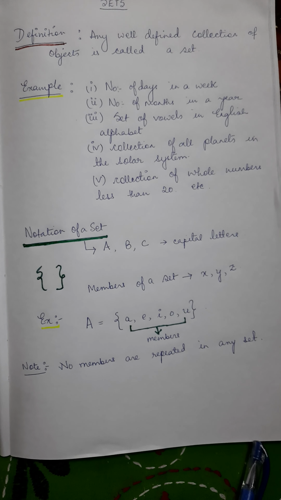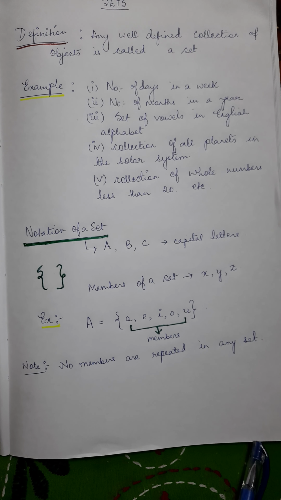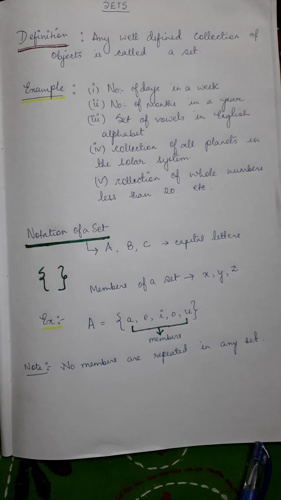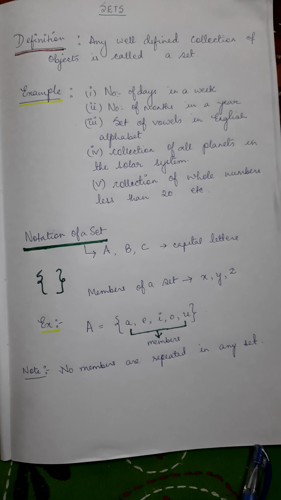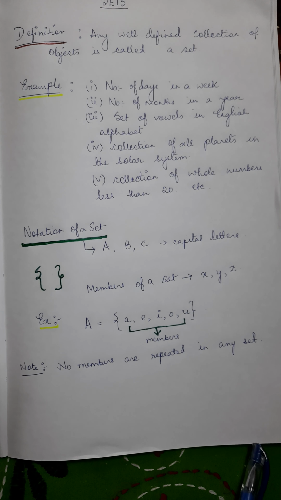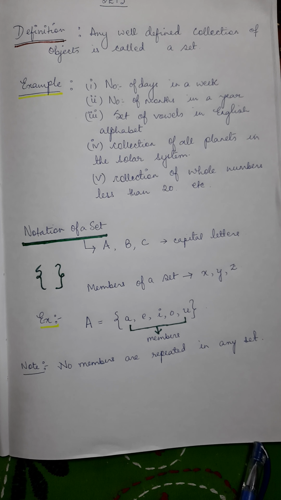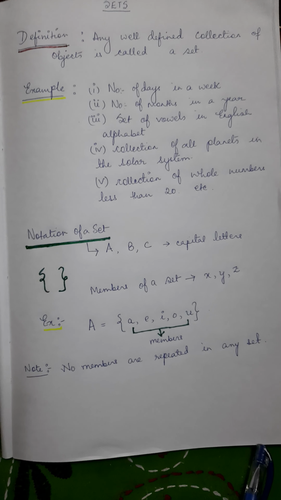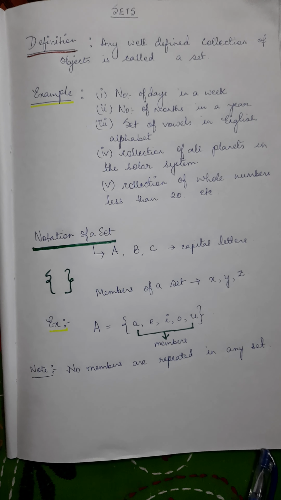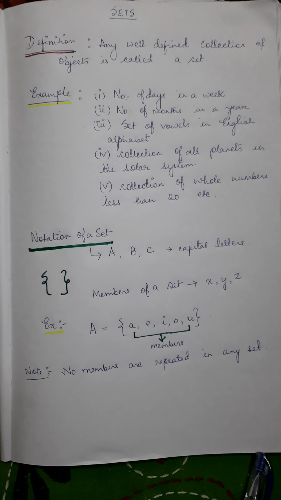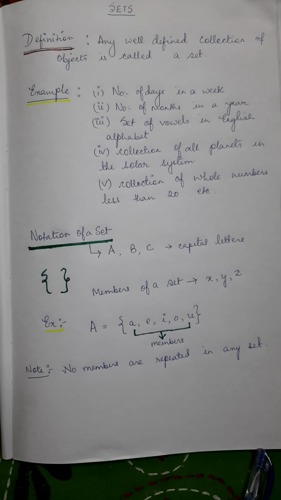That means these 5 letters are members of the set A. To write a set, remember, it is always defined by means of comma. Without comma, you cannot describe the members of a set. Whenever you write members of a set, remember, they are represented by means of a comma.